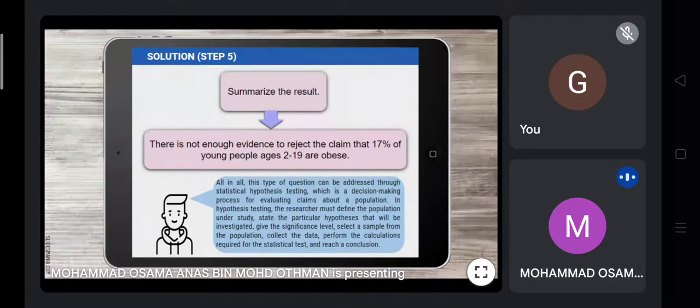All in all, this type of question can be addressed through statistical hypothesis testing, which is a decision-making process for evaluating claims about a population. In hypothesis testing, the researcher must define the population under study, state the particular hypothesis that will be investigated, give the significance level, select a sample from the population, collect the data, perform the calculations required for the statistical test, and reach a conclusion.